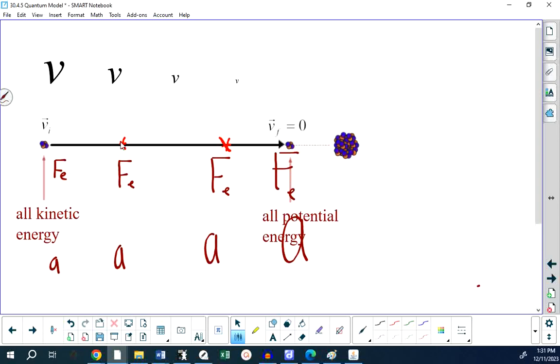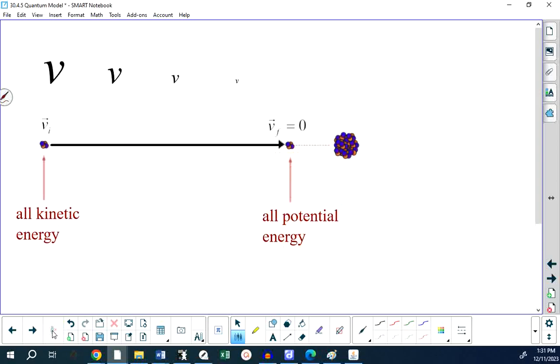But the big picture in terms of the energy, everybody, is that it has all kinetic energy here, and then because it deflects back 180 degrees, it has no kinetic energy here. And if energy is conserved, this potential energy at the closest point and this kinetic energy at the beginning are equal.